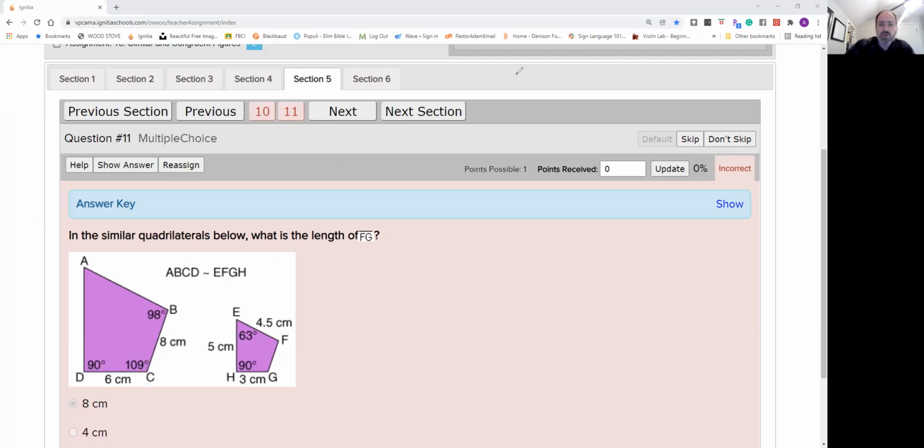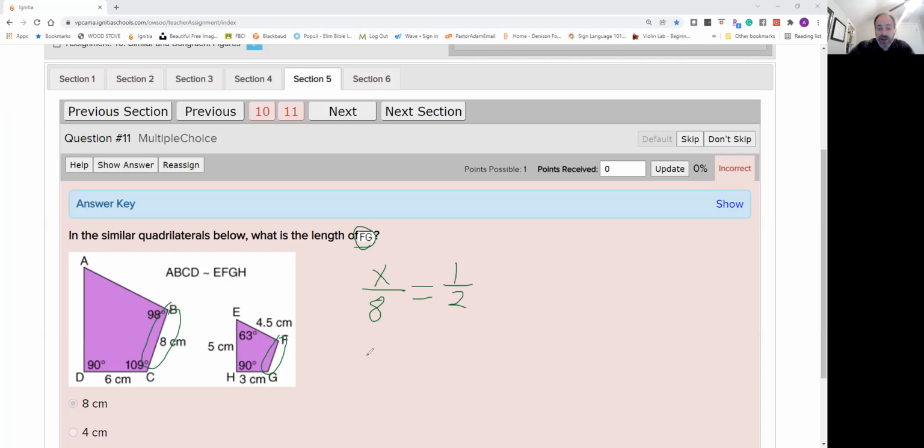So let's solve this one real quickly and figure this one out together, shall we? So we want to find FG. Well, FG corresponds to the BC. And so therefore we know that X over 8, or FG over BC, is always going to equal what? What's our scale? We know based on HG over DC, 3 over 6, which is 1/2.